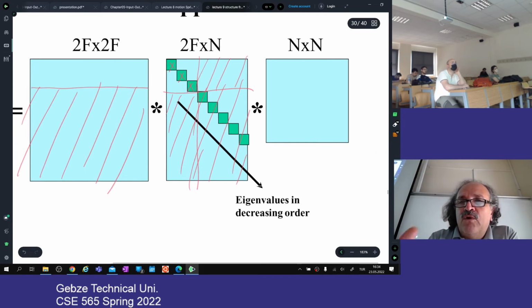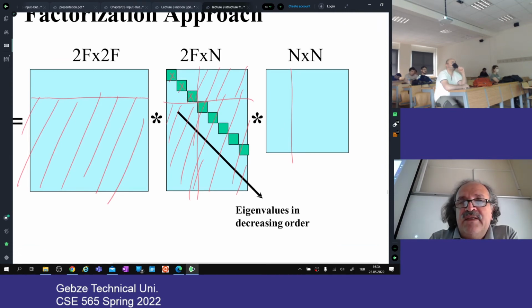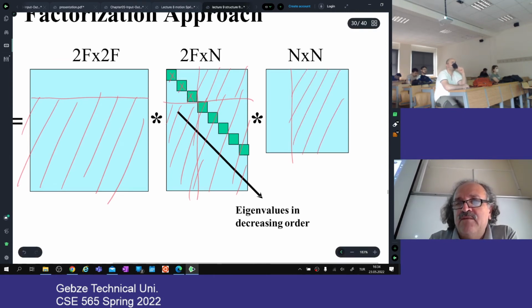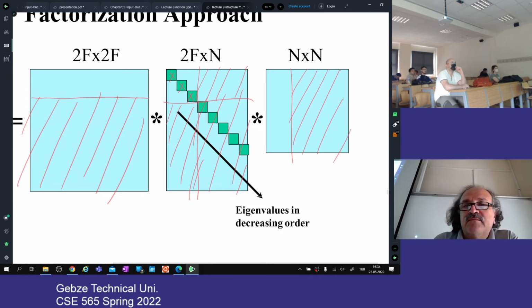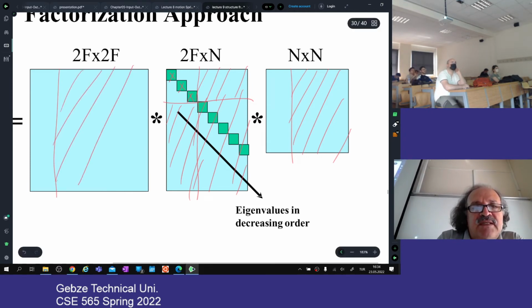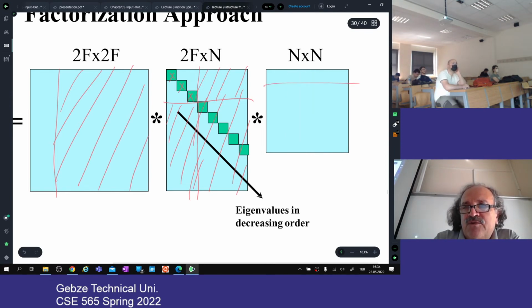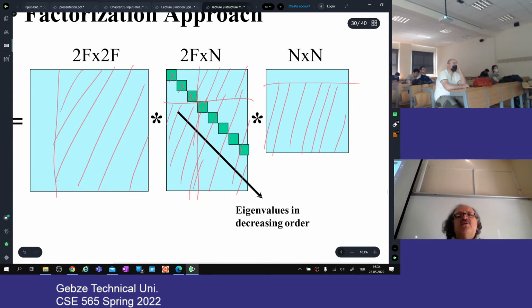Only the first 3 columns will be multiplied by these 3 numbers, and the rest of them will be 0. Did I do it wrong? No, because only these 3, yeah. The rest of them will be 0. You see where it is going, right?